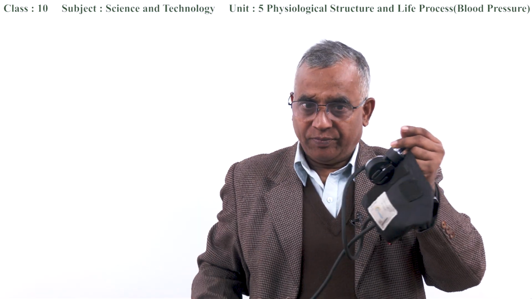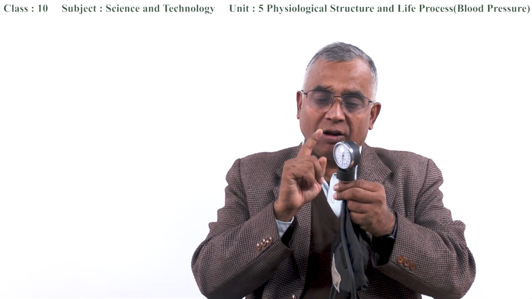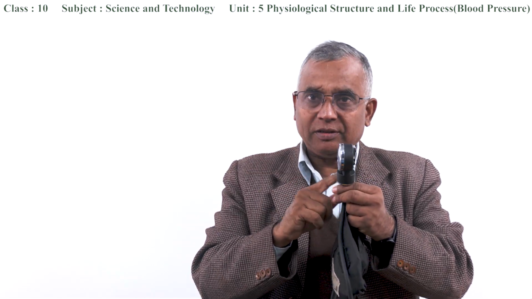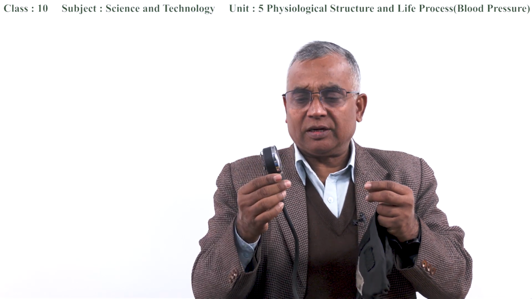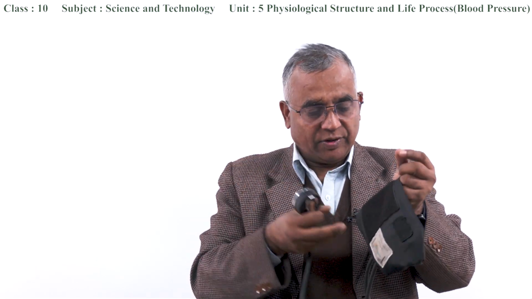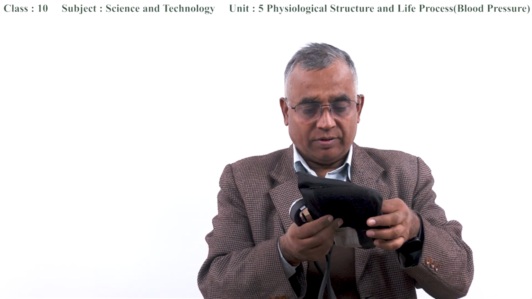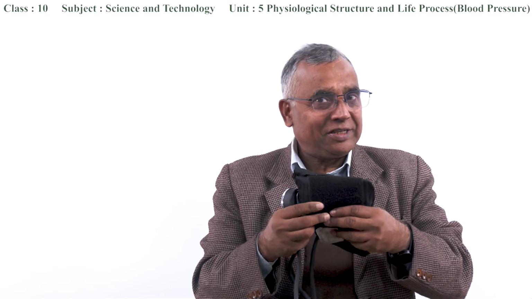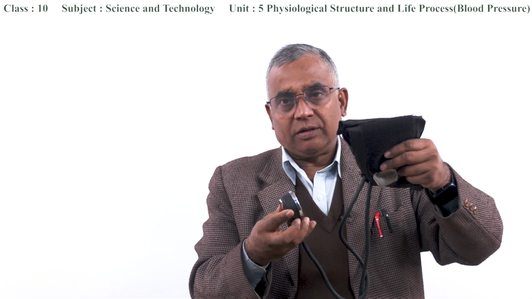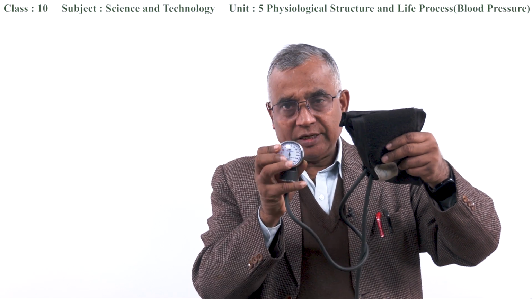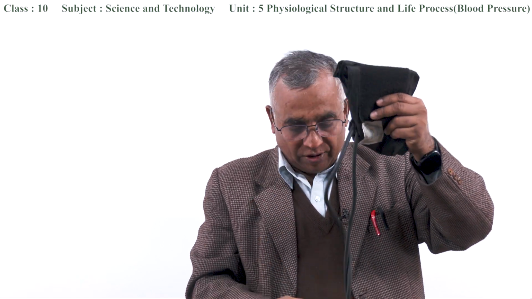And then the tube. That is the aneroid manometer, which is in fact a pressure gauge, connected with the cuff. The cuff has a cavity in which air is filled, connected with the tube, so the reading of the barometer changes when air is pumped in.